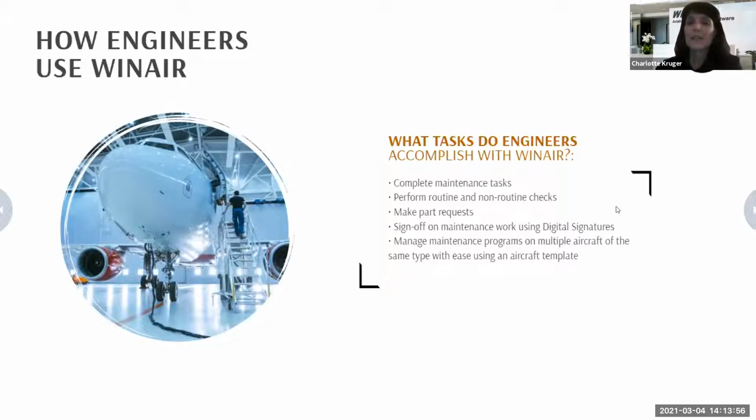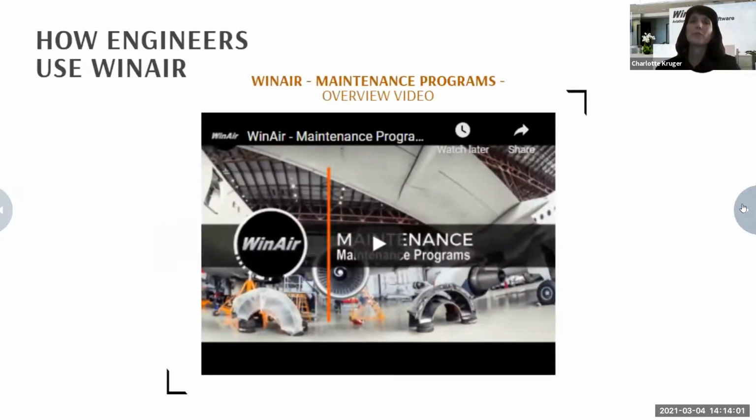As I said, templates give you the opportunity to manage multiple things simultaneously. We're going to look at a quick little overview video that shows how we do the maintenance.